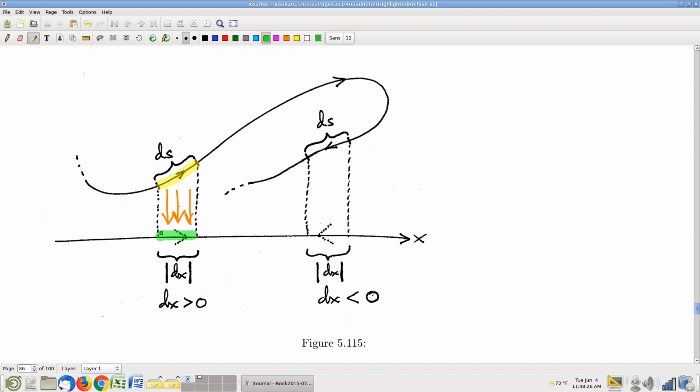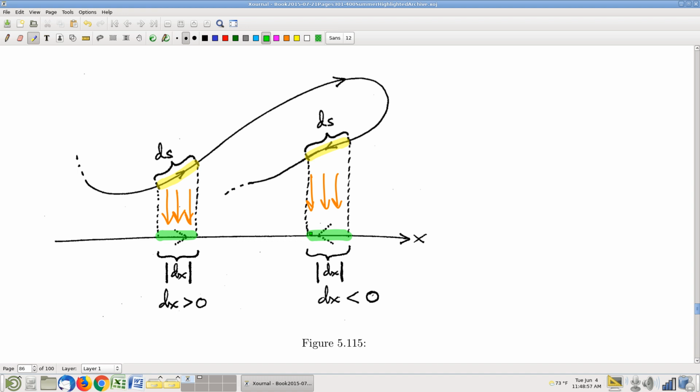Right now, this could go either way. It could be that the curve is going the other direction, and then when you project, dx would actually be negative here because, in fact, we are changing in the negative direction as you go along the curve right here. x is decreasing, but nevertheless, forgetting about changes, these little pieces of curve have shadows by projection.